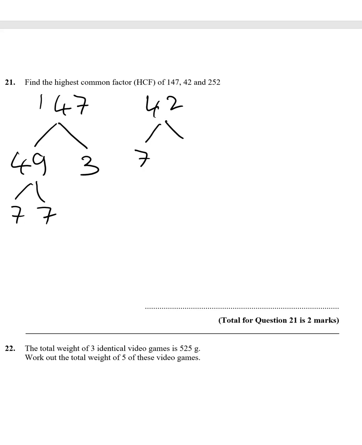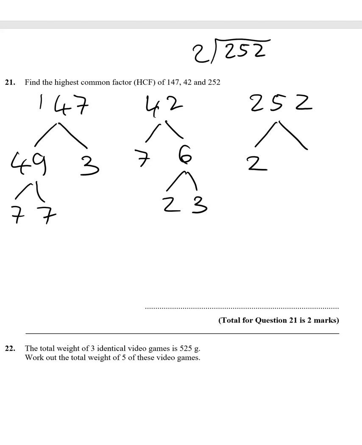We can do 7 and 6, 2 and 3. 252. Well, let's do 2 to start with, and then we need to do 252 divided by 2, which is 126.